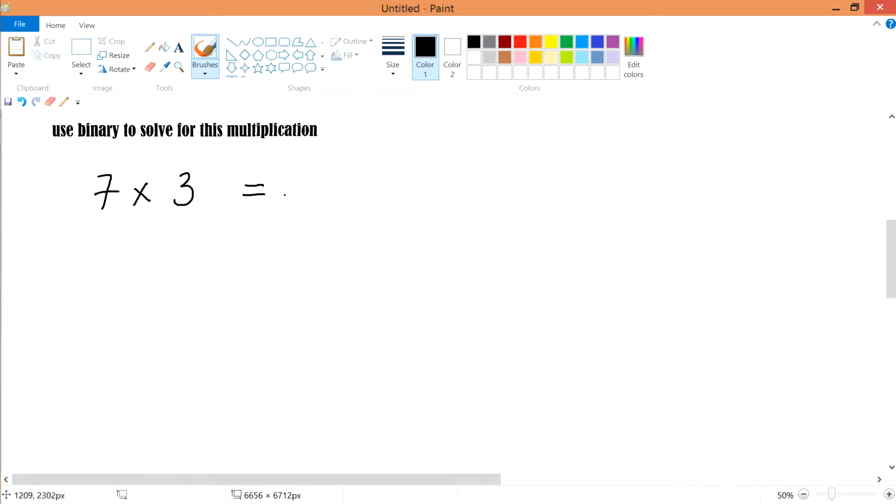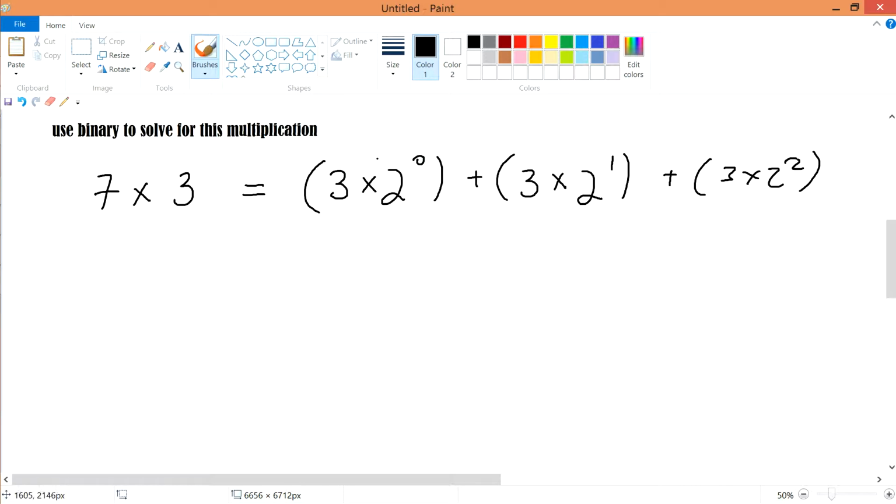So what you can do is write it in this form: 3 times 2 to the power of 0 plus 3 times 2 to the power of 1 plus 3 times 2 to the power of 2. So I can break down 7 into 2 to the power of 0 plus 2 to the power of 1 plus 2 to the power of 2. You see, 2 to the power of 0 is 1, 2 to the power of 1 is 2, 2 to the power of 2 is 4. 4 plus 2 plus 1 is 7.